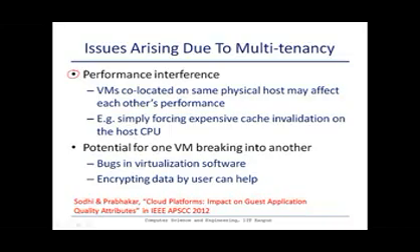And as a cloud vendor, as a cloud provider, it is important for you to understand all these. And yet another thing related is the potential for one VM breaking into another. There could be bugs in the virtualization software, which could lead to the breaking of isolation. From the security standpoint, you can handle these things by appropriately protecting your data by encrypting it.